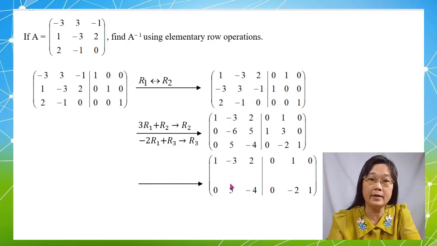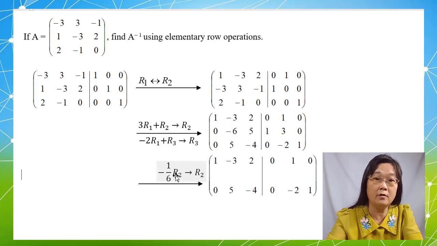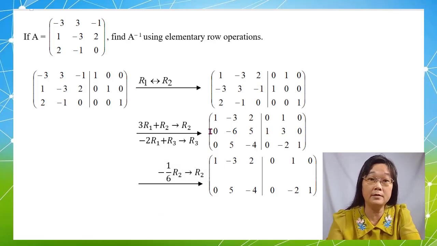So since my target element is changing negative 6 to 1, so I can use the first operation where I multiply row 2 with negative 1 over 6 in order to change this value into 1. That is, I'm going to use the operation where I multiply row 2 with negative 1 over 6, and the result will replace the new row 2.